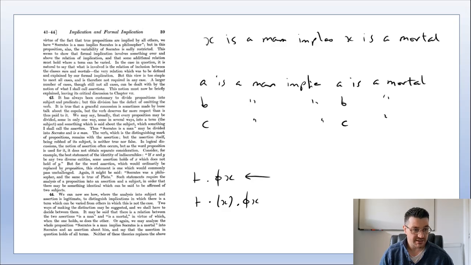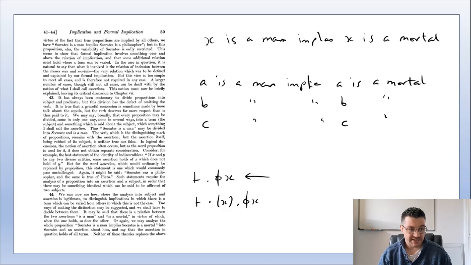So this first one, asserting a propositional function, is what you're saying is that each individual value of the propositional function can be asserted. Okay, so phi a can be asserted, phi b can be asserted, phi c can be asserted.